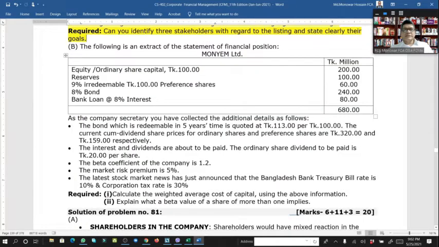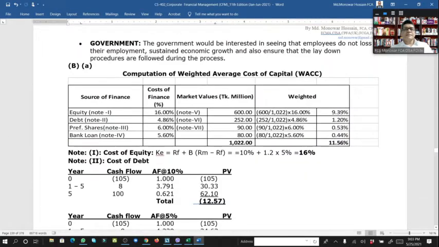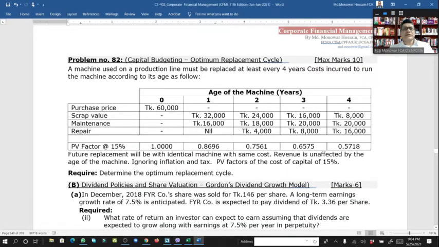And another is to calculate the weighted average cost of capital using the above information, beta value, etc. So from this math, we are calculating the weighted average cost of capital. Here is another math from capital budgeting. Optimum replacement cycle is a good math here.